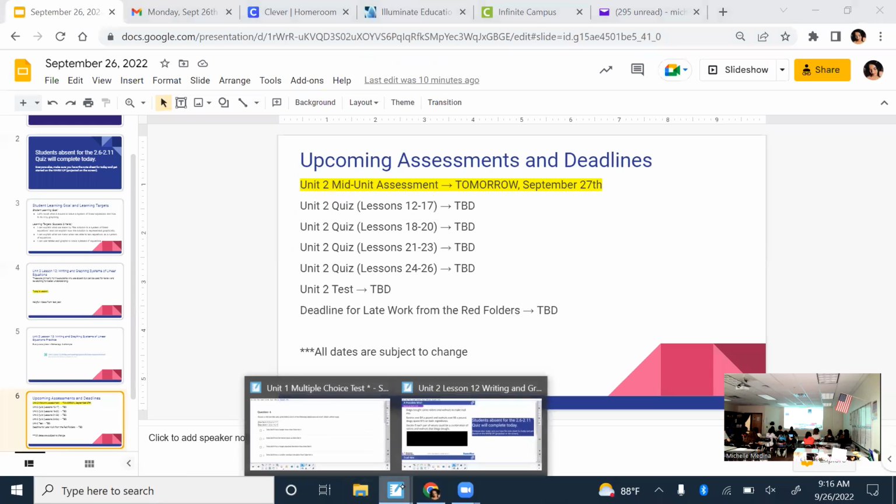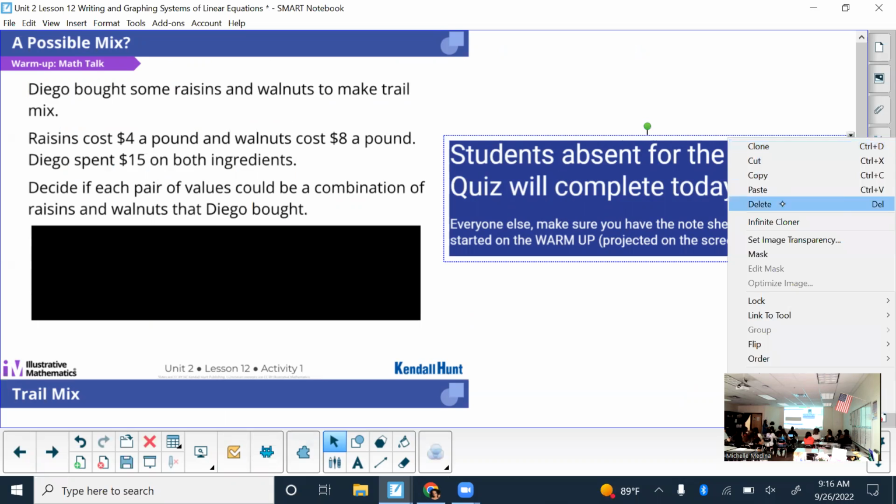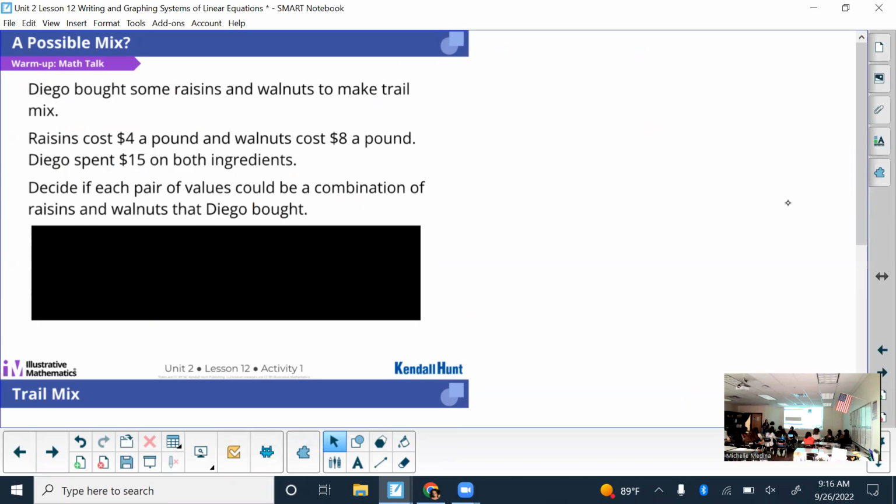All right, so now we're going to start the lesson with a math talk. If you don't remember what a math talk is, what are usually the rules for math talk? It's just a learning tool. What were the rules for math talks? Do I call out the answer once I have it? What do I do?